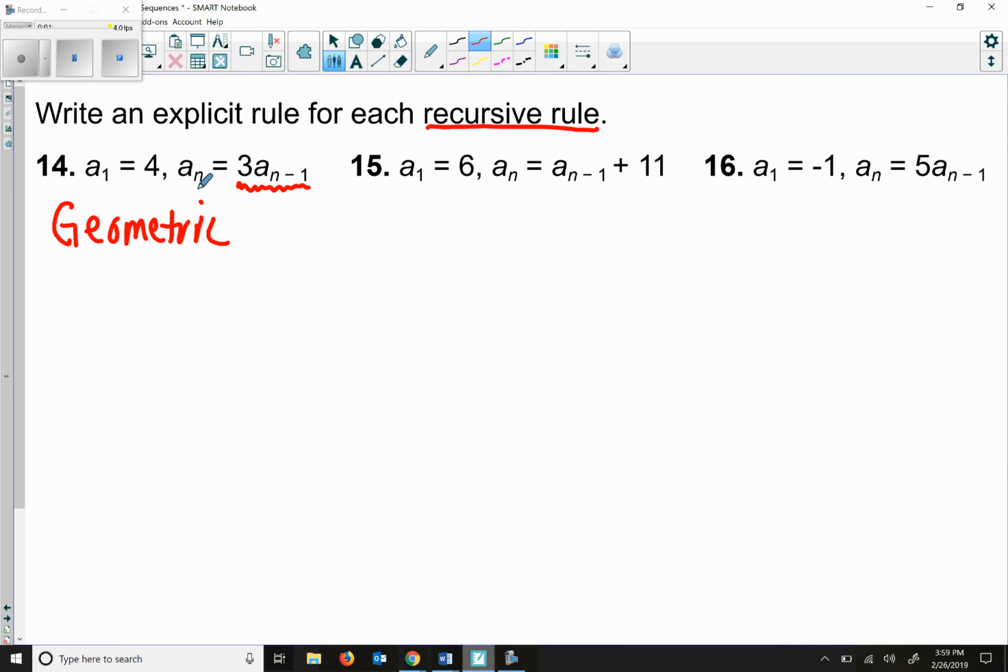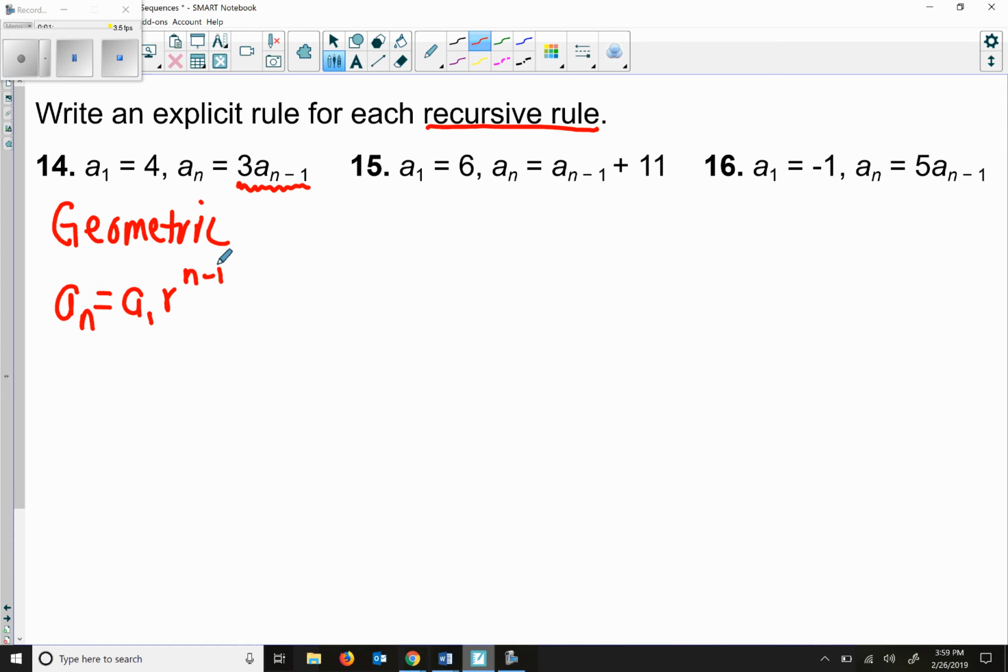So thinking back to the geometric, remember, our explicit rule for that basically says a sub n equals, let's see, a sub 1, sorry about that, times r raised to the n minus 1. So that's our formula that we're following.